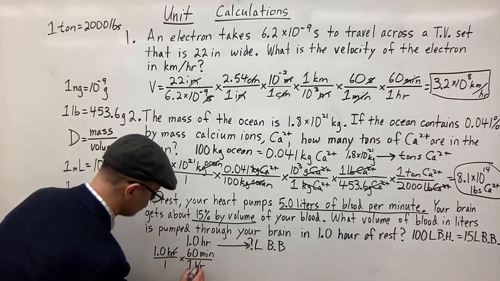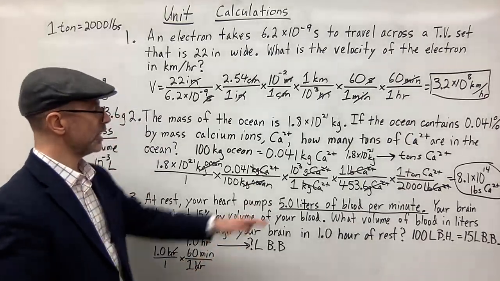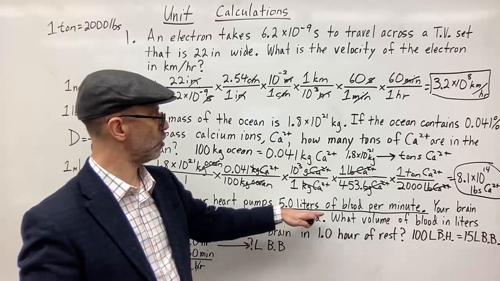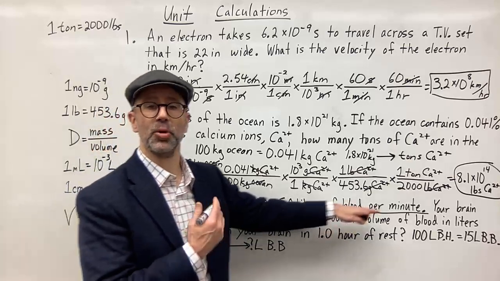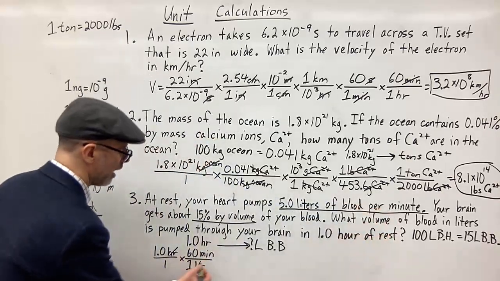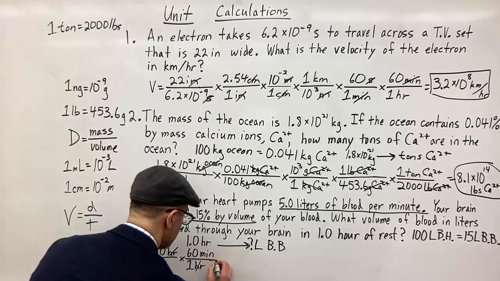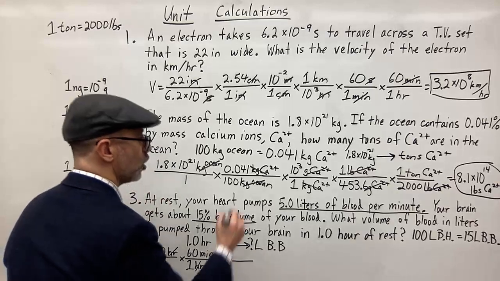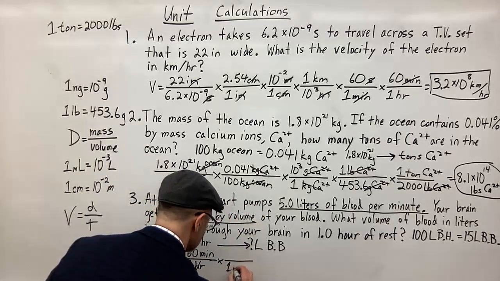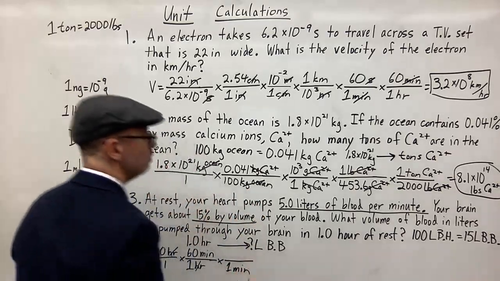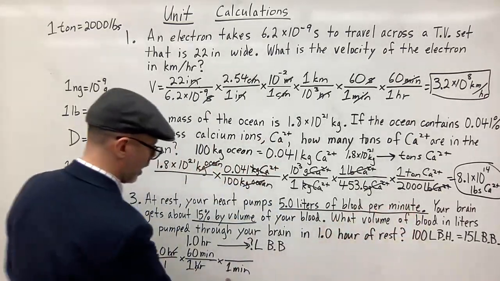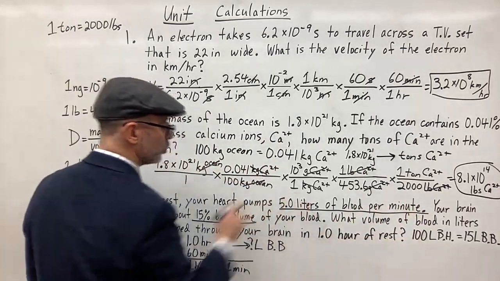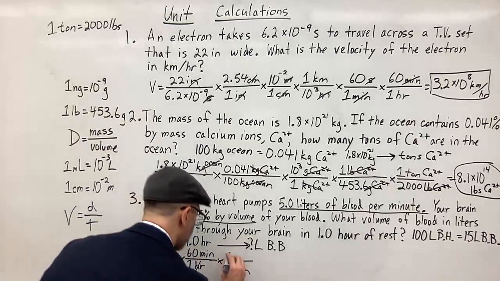Hour cancels out. Now we have minutes. Now we can use the 5.0 liters of blood to the heart per minute. Since we have minutes on the top, we put 1 minute on the bottom, and then 5.0 liters of blood to the heart on top.